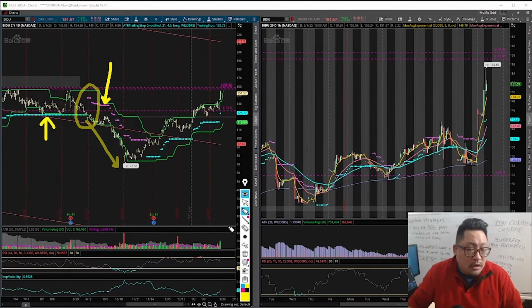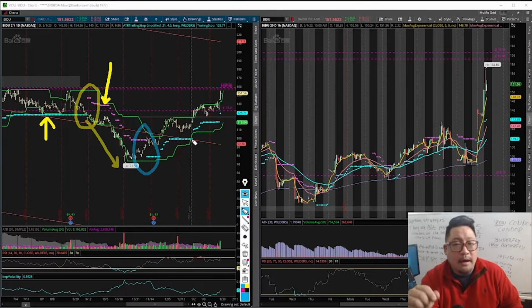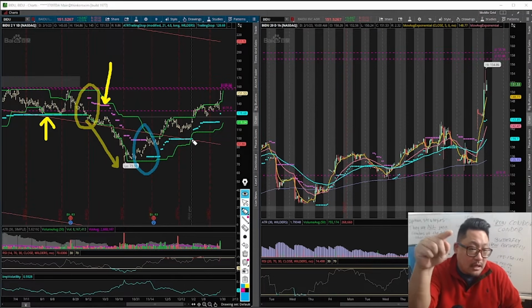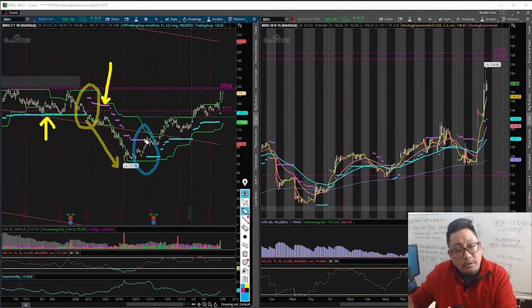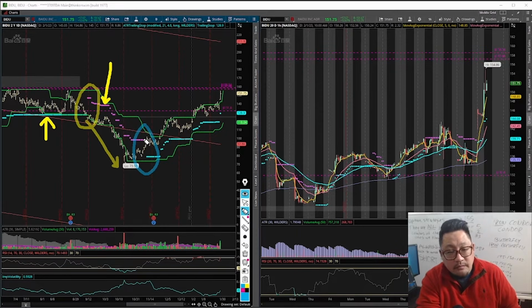Now, if you look at where I'm highlighting with the blue circle, notice where at that moment it went from pink to blue. That was right around the $100 mark. Since that moment, over the next 2.5 months, we've gone from $100 to currently trading at $150 to $170, or basically gained 51.7% since that moment.